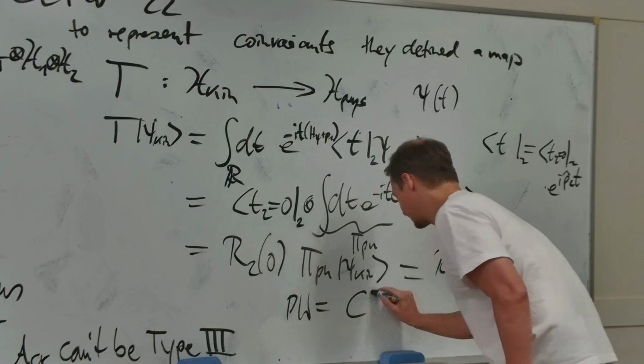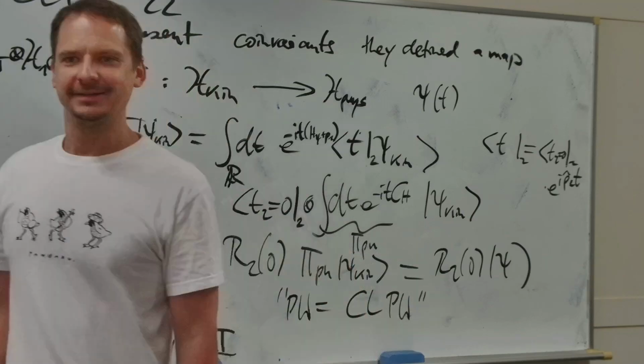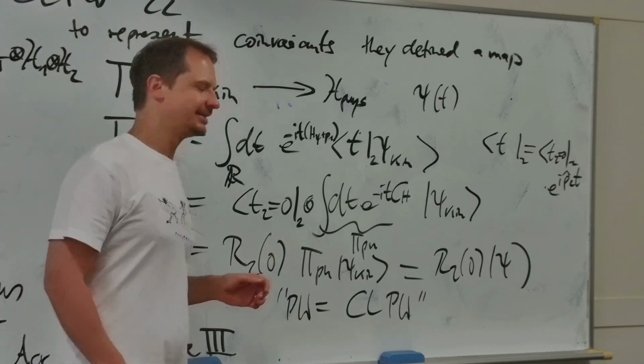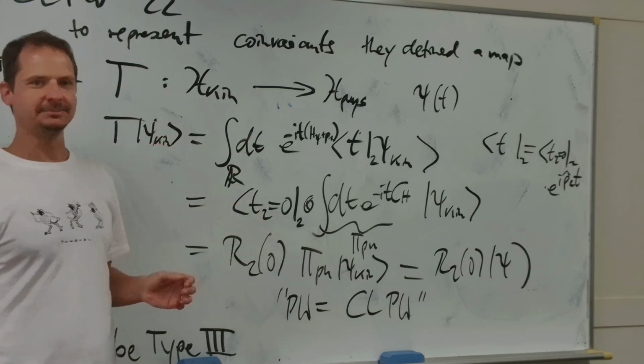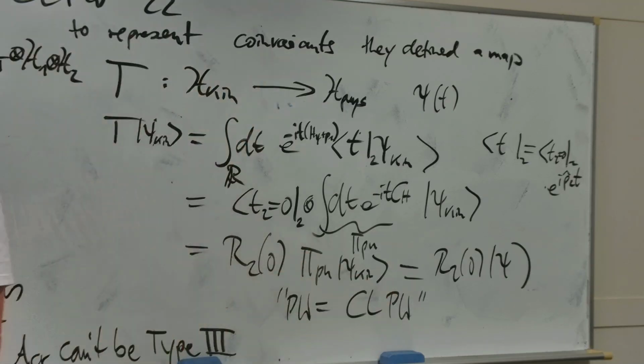So we use this then to write down the slogan PW equals CLPW. So a bit like ER equals EPR, but it's a more non-trivial equation because in ER equals EPR, the E and R are the same on both sides, but this PW and that PW are not the same. So CL is a non-trivial operation there.